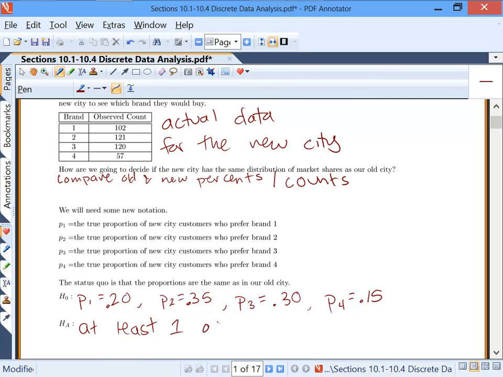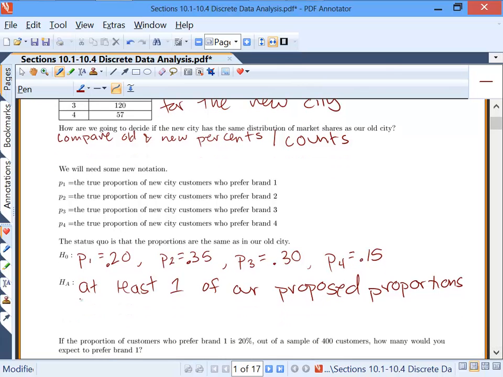So at least one of our proposed proportions is wrong. So just like the ANOVA test, we don't know how many are wrong or which ones are wrong, but at least one of those proposed proportions is incorrect.